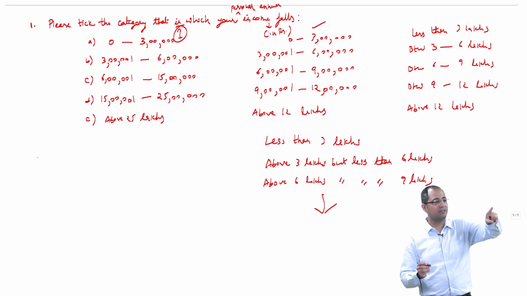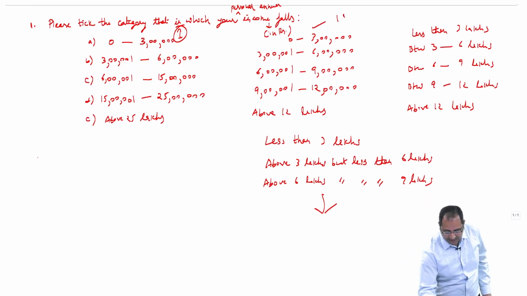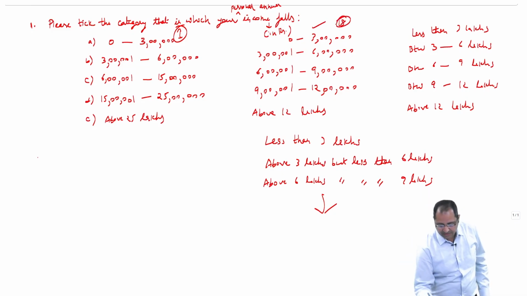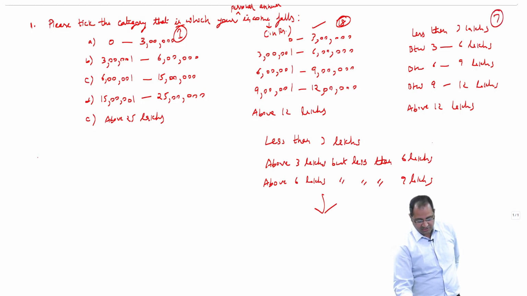Around 18. How many say the third one is the best way? Around 7. How many say the last one: less than 3, above 3 but less than 6, above 6 but less than 9? Zero.